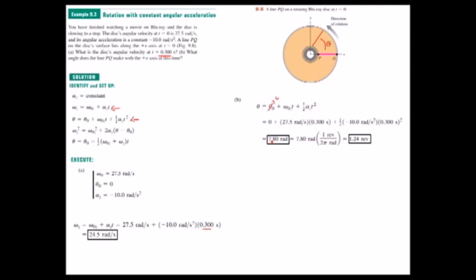We find that's 7.8 radians, which corresponds to 1.24 revolutions. So basically, in 0.3 seconds, this line goes around one full revolution, and then about 1/4 more. So the line is pointed up somewhere here. And this ends example 9.3.